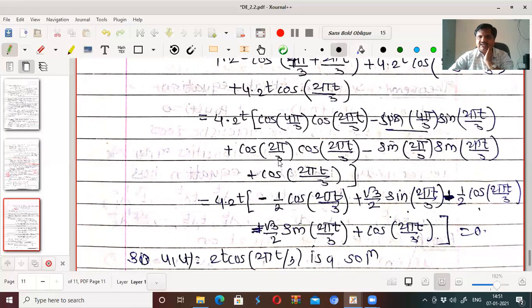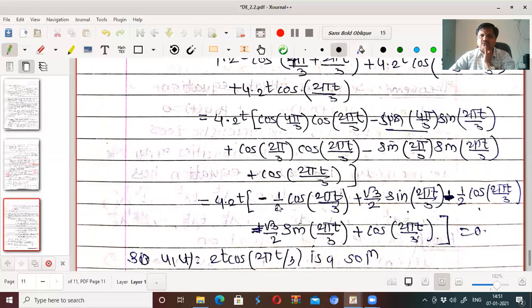Cos 2 pi by 3 is again minus 1 by 2. So minus 1 by 2 cos 2 pi t by 3. Sin 2 pi by 3 is root 3 by 2. Therefore, minus root 3 by 2 sin 2 pi t by 3, plus cos 2 pi t by 3. So if we now solve this, plus cancels minus.